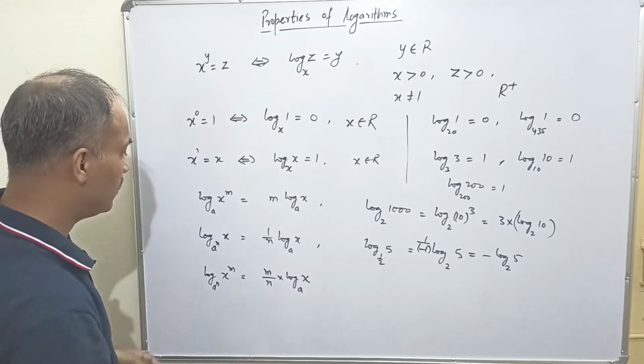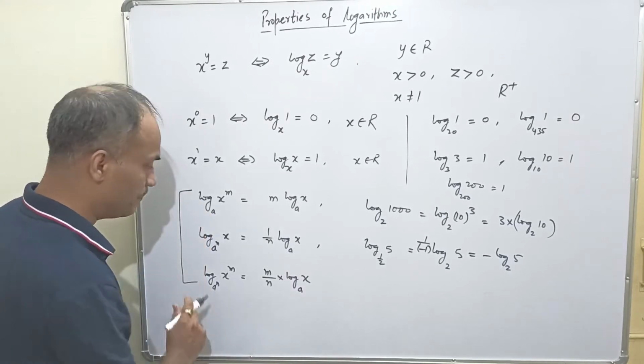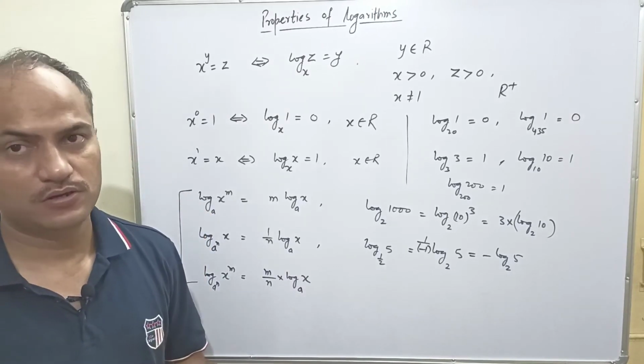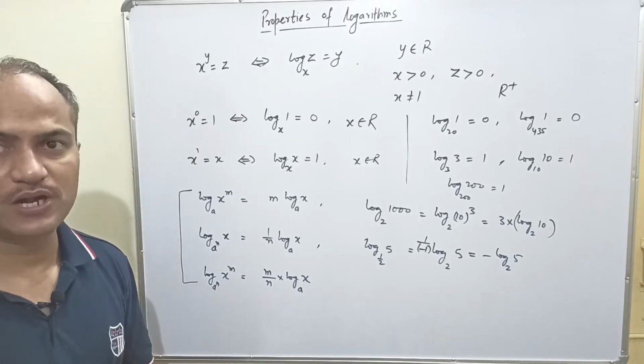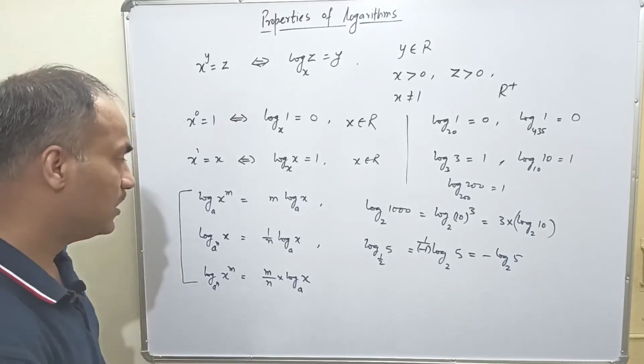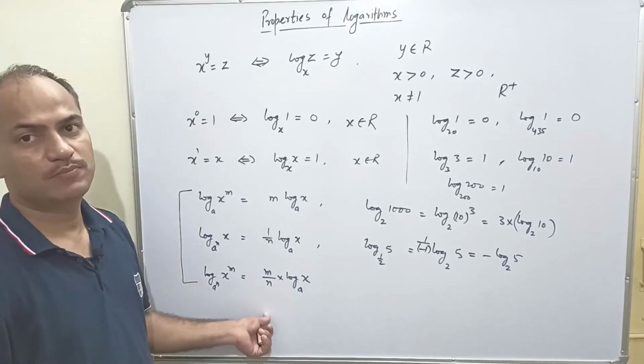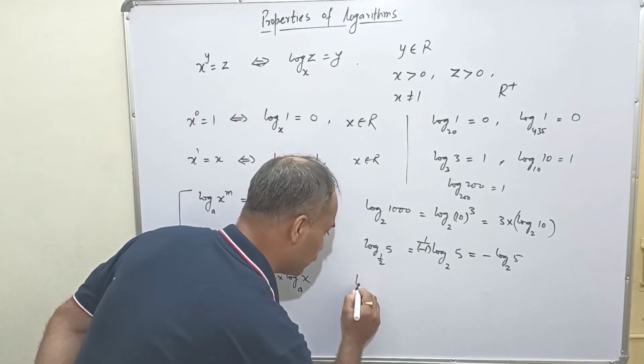This formula is very, very important. These three formulas are actually very, very important. They are used in many questions. In fact, every property can be used anywhere, but these are extremely important.